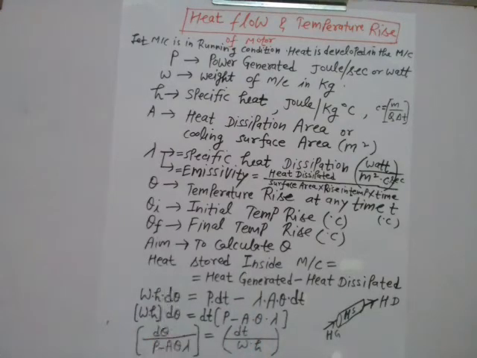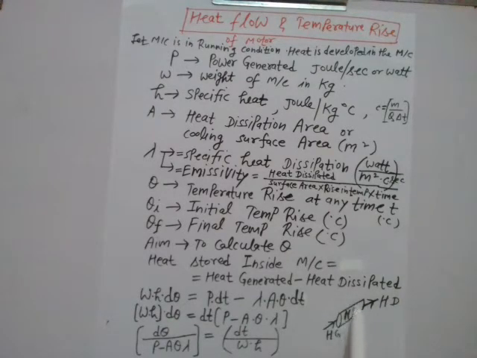Suppose the heat generated is 100 units and the heat dissipated in the ambient or surrounding atmosphere is 40 units. Then what is the amount of heat stored in the machine?